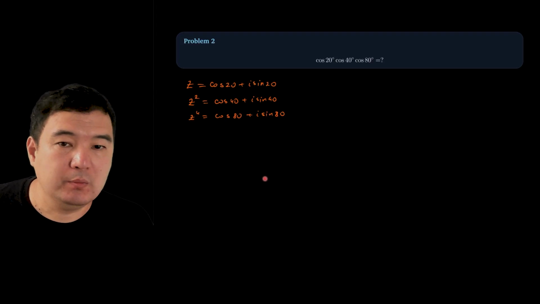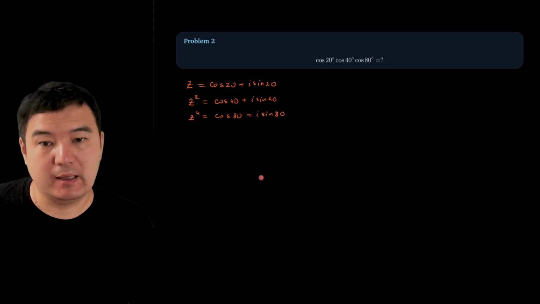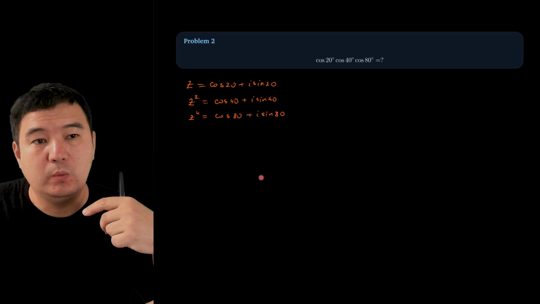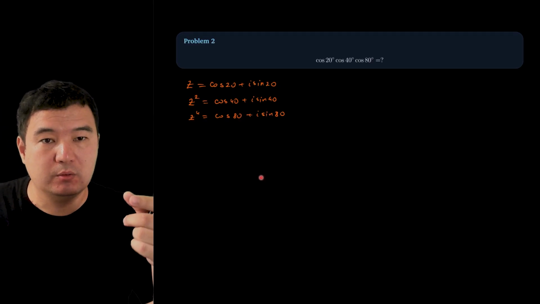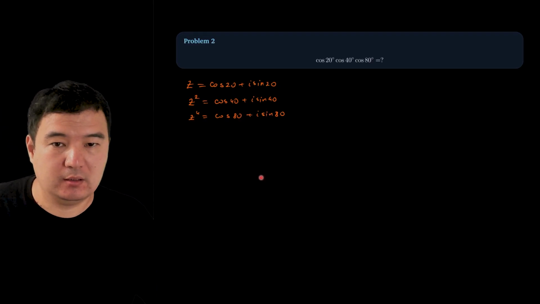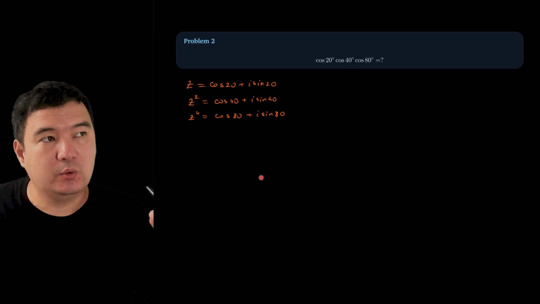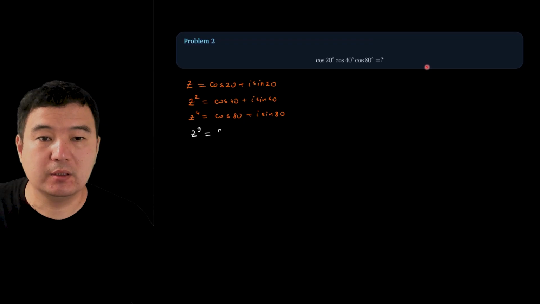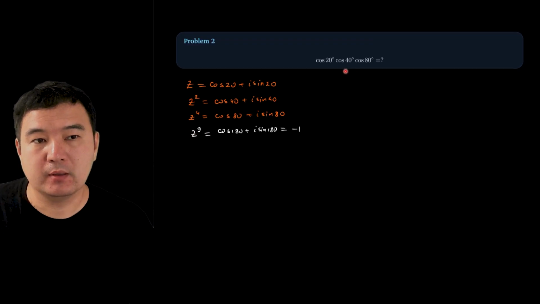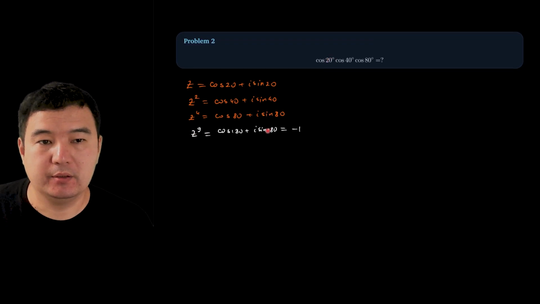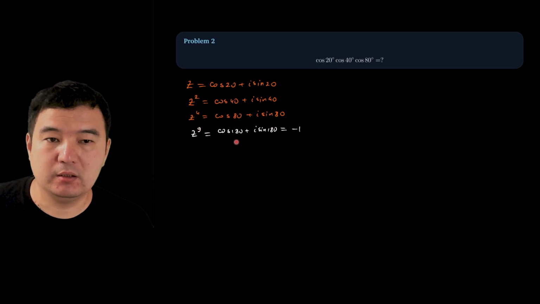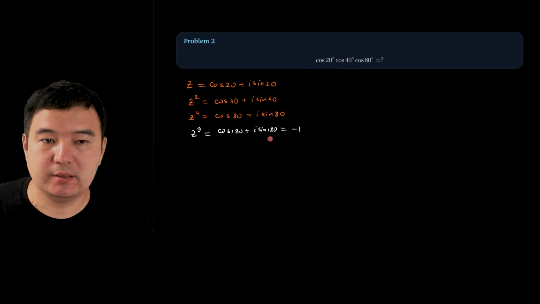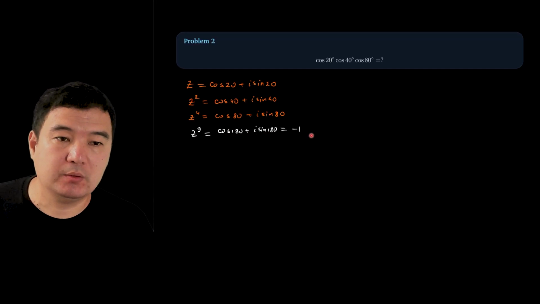One more thing to note, as in the previous problem: which power of z makes it a real number, or which power corresponds to pi? If you take z to the power 9, 20 times 9 is 180. So you will get cosine 180 plus i sine 180. So this part is 0, this is -1. So z to the power 9 is -1.